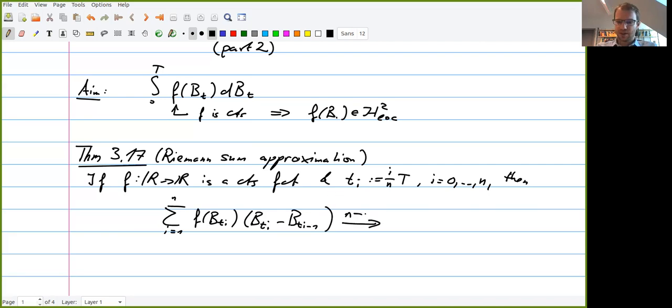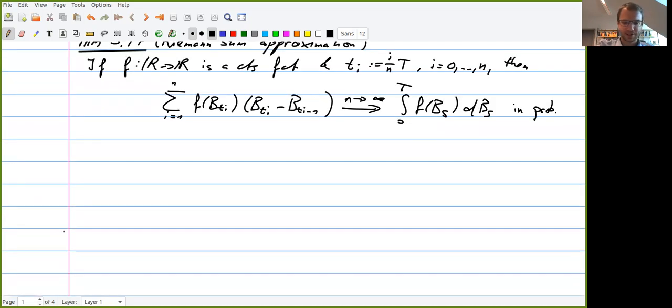If n goes to infinity, this goes exactly to our E2 integral, and this convergence holds in probability. Okay, so this is what we are going to show in this video. All right, so let's do this.